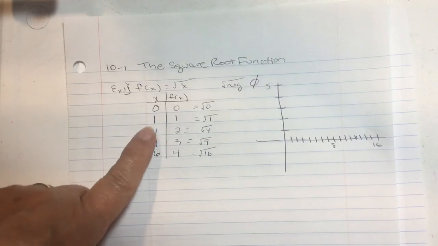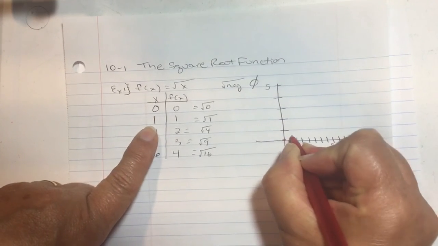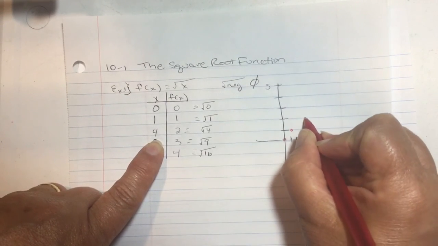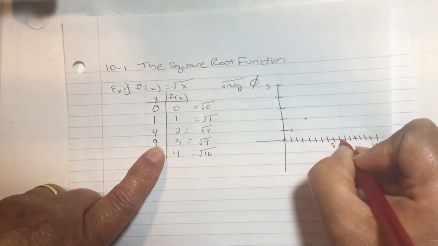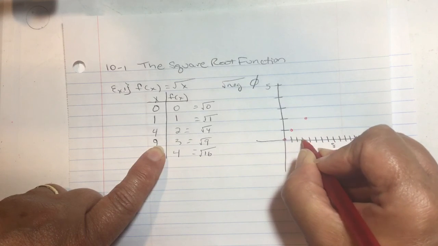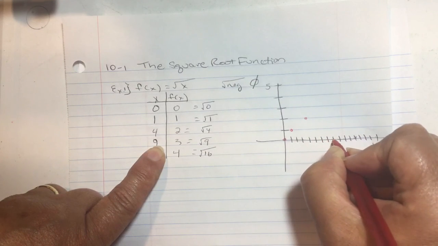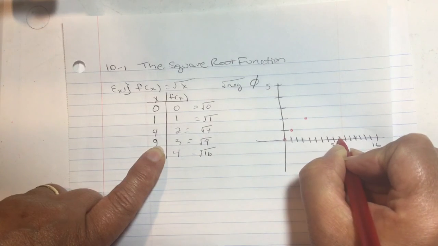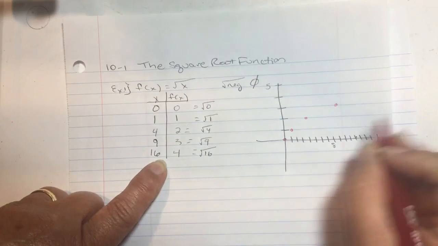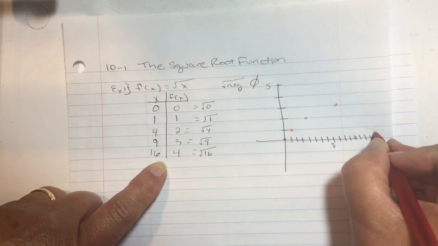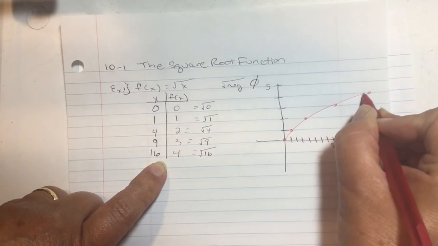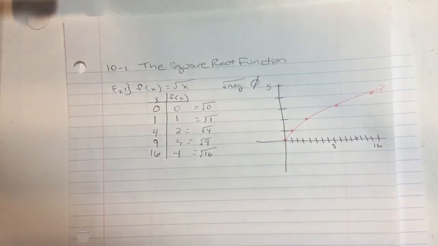Graph those 5 points: 0, 0; 1, 1; 4, 2; 9, 3; and 16, 4. Notice it's going to be a curve. Almost kind of feels like a halfway sideways parabola.